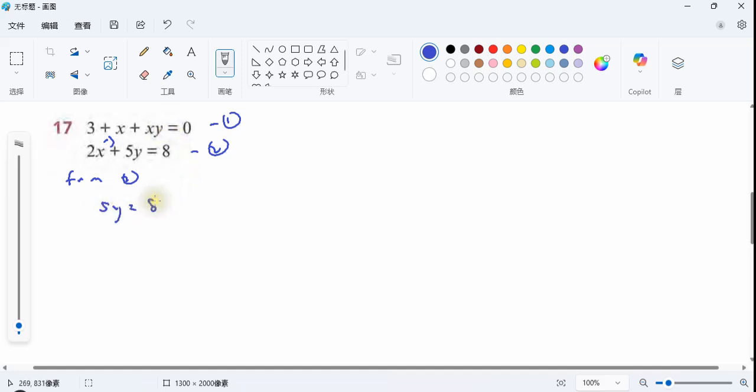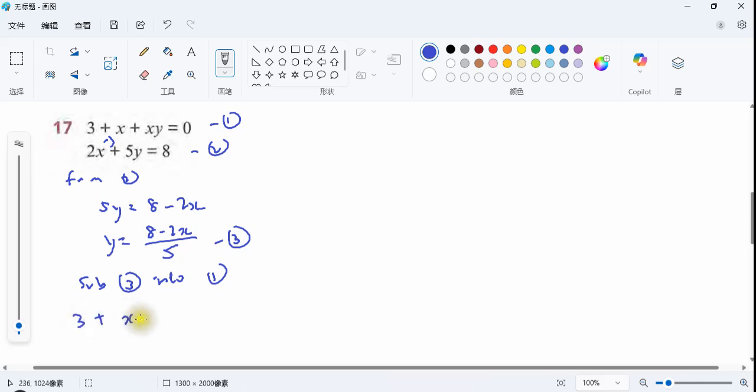So 5y equal to 8 minus 2x, then y equal to (8 minus 2x) over 5. Then this is equation 3. We sub equation 3 into equation 1. Then we have 3 plus x times (8 minus 2x) over 5 equal to 0.